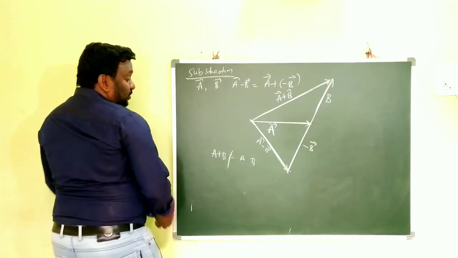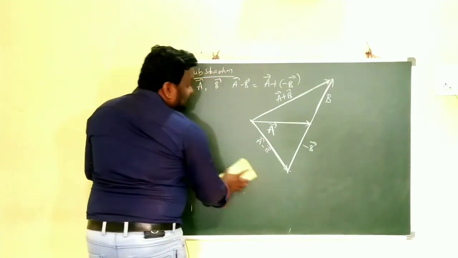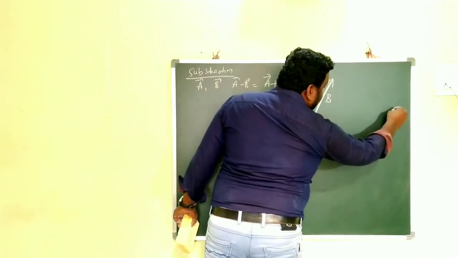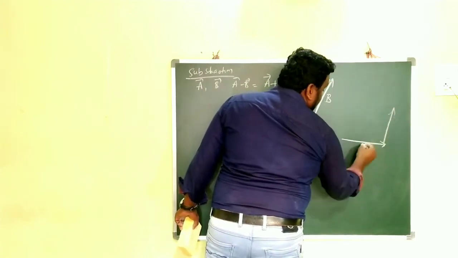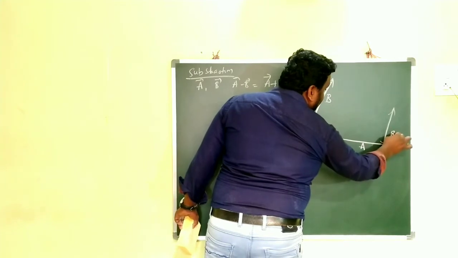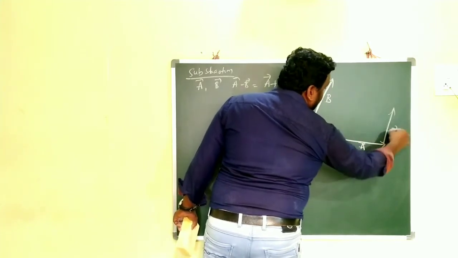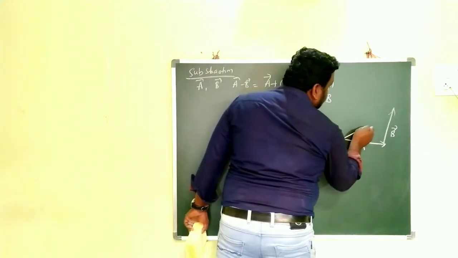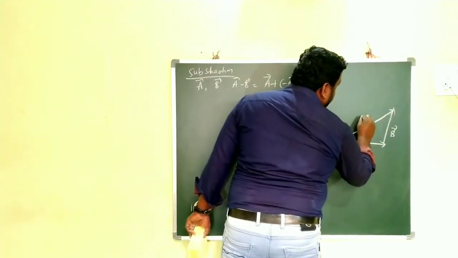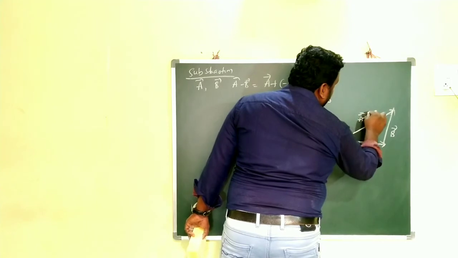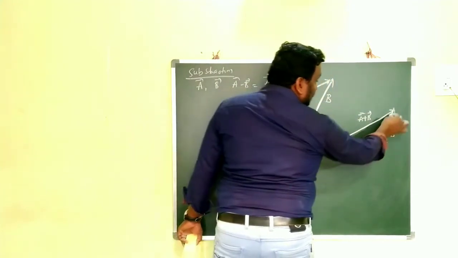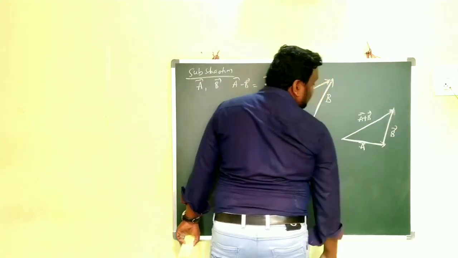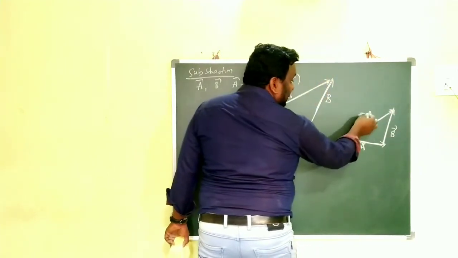Clear? So during A plus B, I told you, this is vector A and this is vector B. Now this is A plus B. Clear?